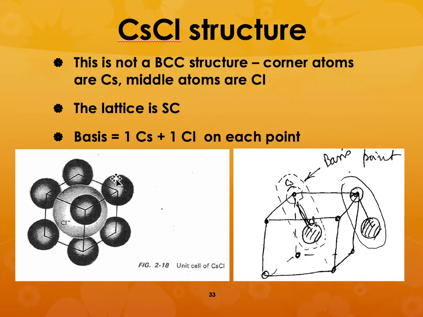There are 8 atoms of chlorine on the end points, so ultimately it is contributing one chlorine atom to this unit cell. And then you have one cesium atom in the center. So that is contributing one cesium atom and one chlorine atom. So there is one lattice point, contributing one cesium chloride basis group to this lattice.